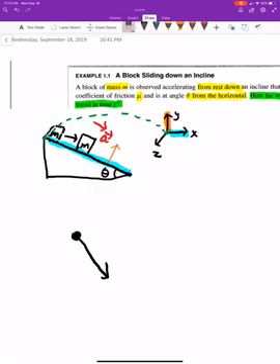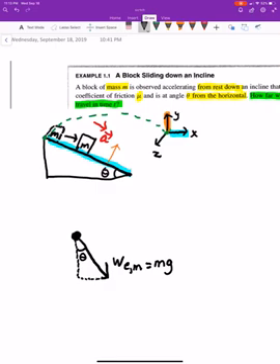And that's usually denoted the weight force exerted by the Earth onto the mass, which we know is just mass times gravity. And if we were to make a right triangle by dropping a perpendicular right here, this angle is the exact same as that angle. And you can work that out from a geometry point of view if you'd like.